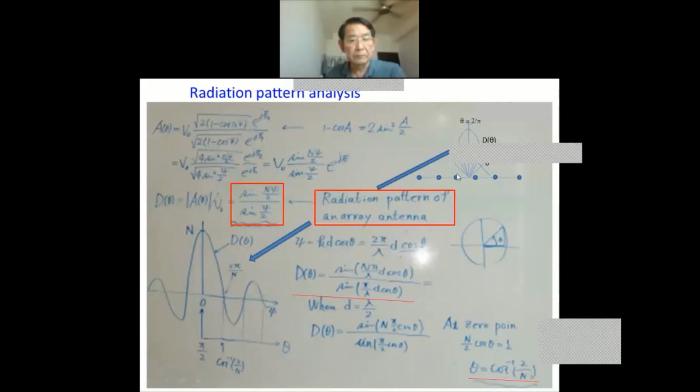If this is a rectangular coordinate, in polar, at θ equal to half π direction, it becomes highest and looks like this. This is the radiation pattern.